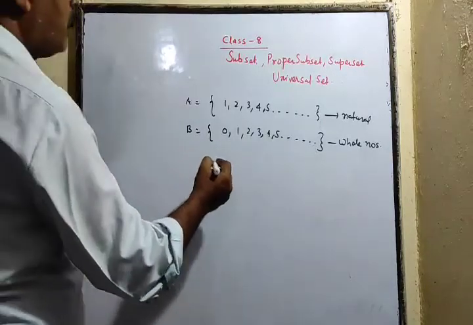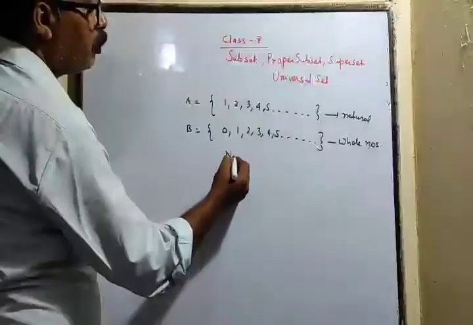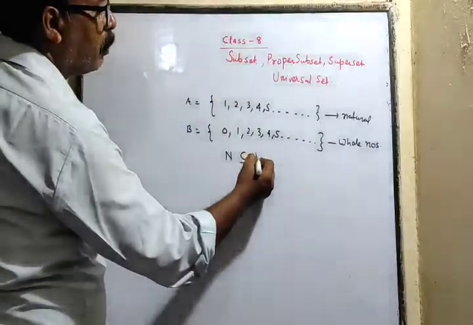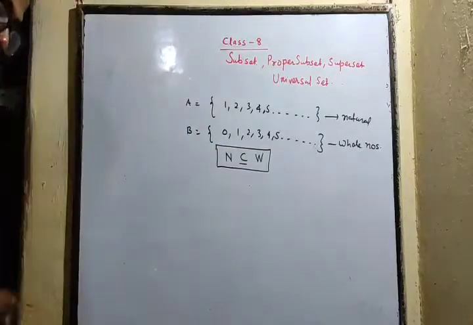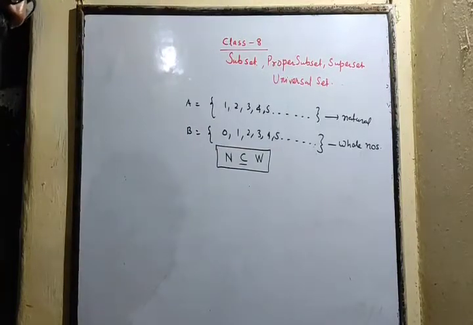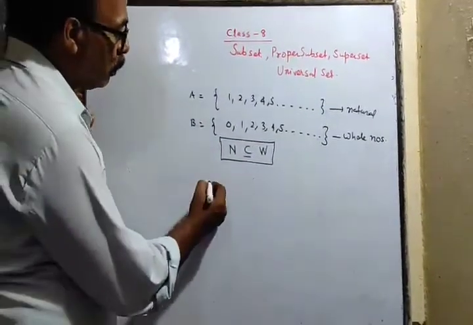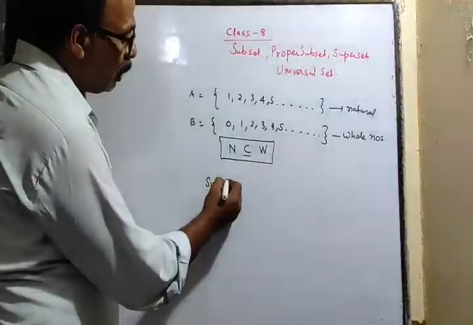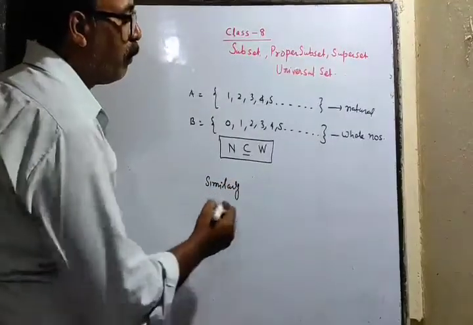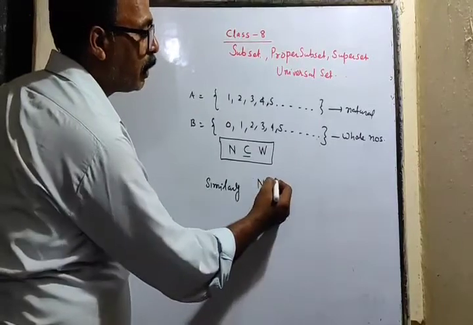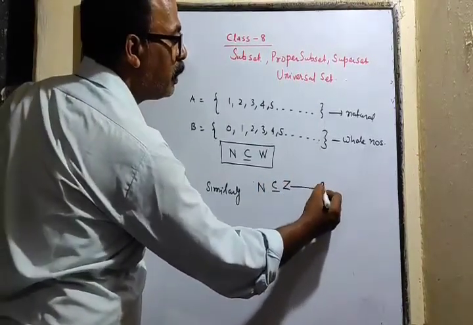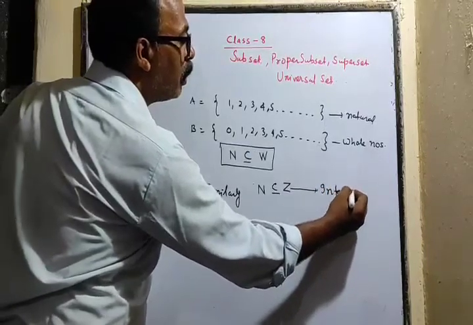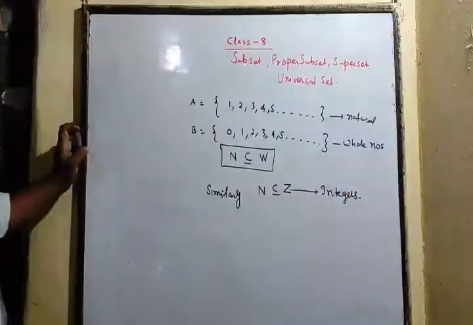So we can say that natural numbers are a subset of whole numbers. Similarly, we can say that natural numbers are a subset of integers also. Z is representing integers.